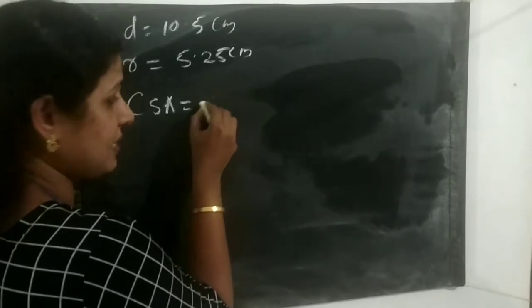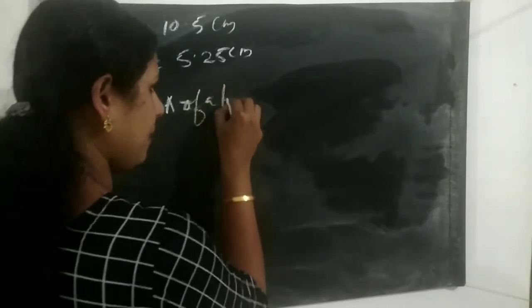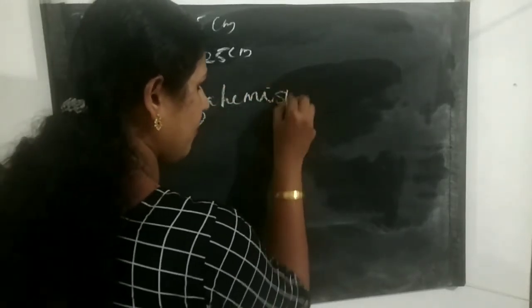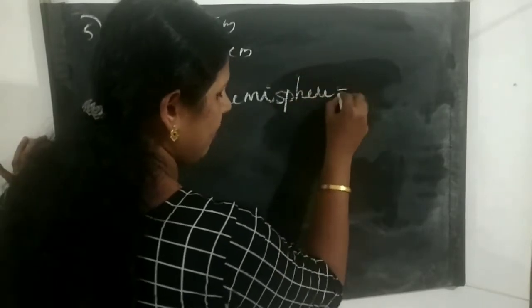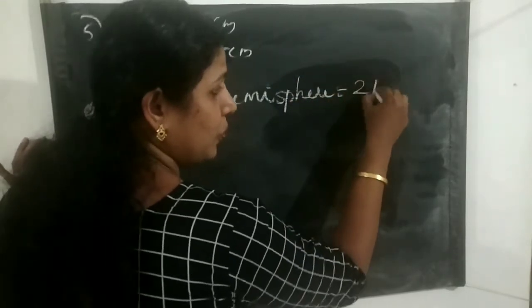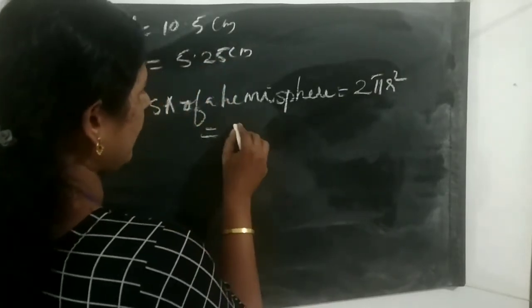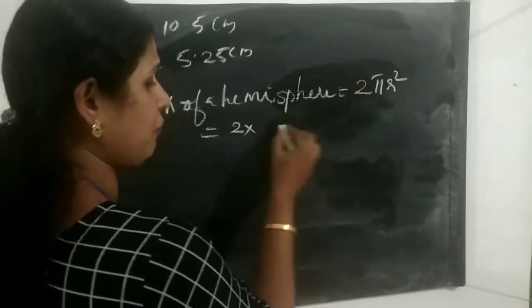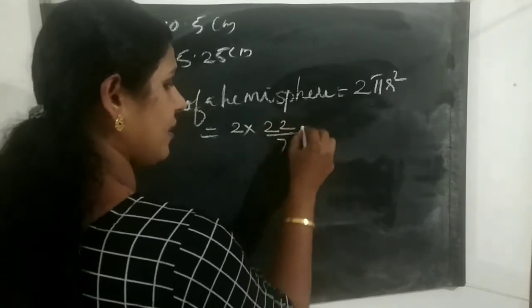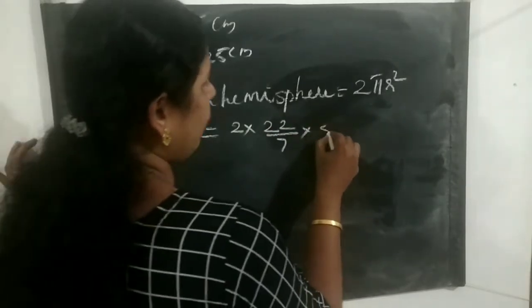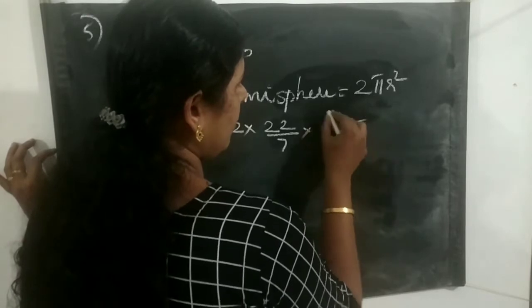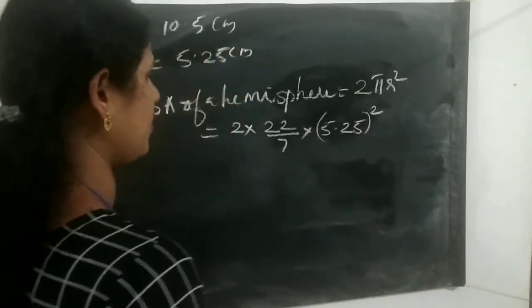That is the curved surface area of a hemisphere. Curved surface area of a hemisphere is 2 pi r square. From this, 2 pi r square means 2 into 3.14 or 22 by 7, anything you can use here, and 5.25 square.